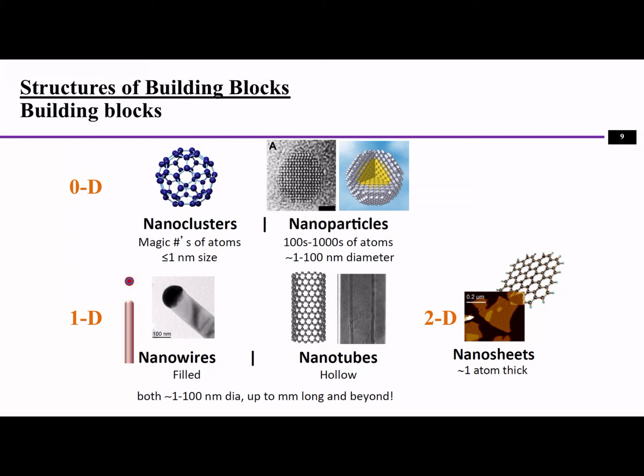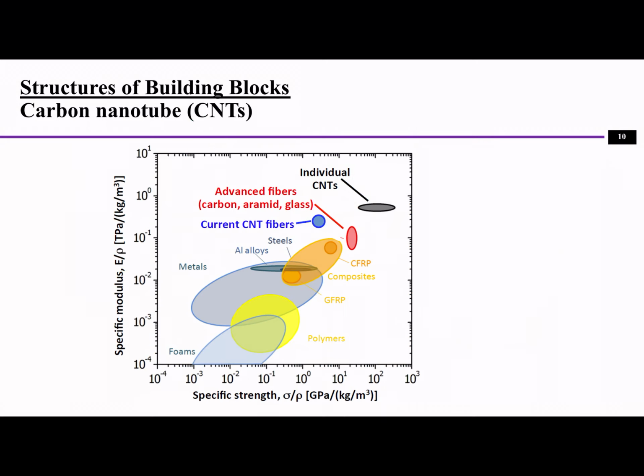With nanowires and nanotubes, basically that's a line, right? And here you can see the Young's modulus for, for example, nano carbon tubes, and starting to look at the foams.